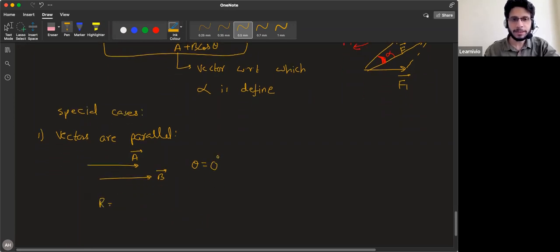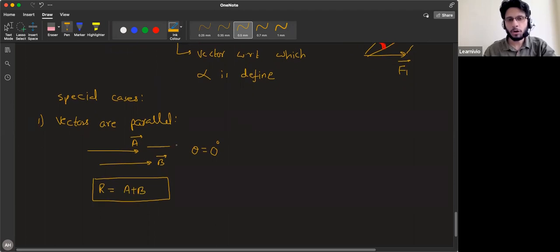In that case, instead of using the entire parallelogram law, you can simply add them up. You can simply write R as the sum of A plus B. That's it. No need to use the entire parallelogram. Also, no need to use any formula for the direction. Resultant will act in the direction of the vectors only.